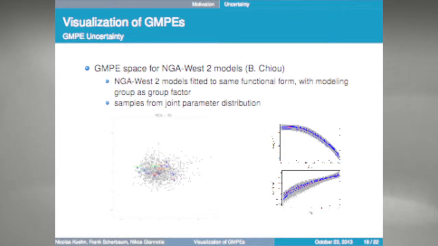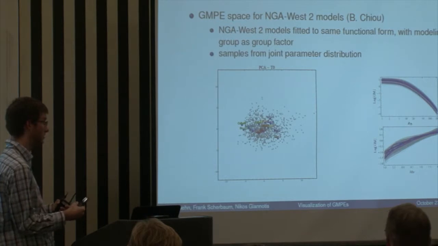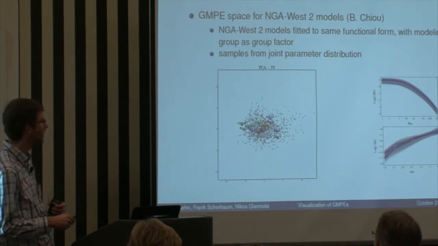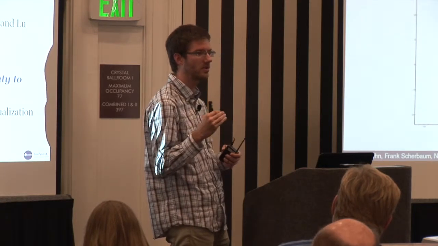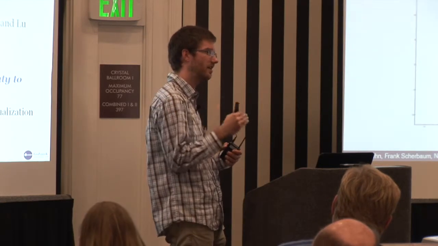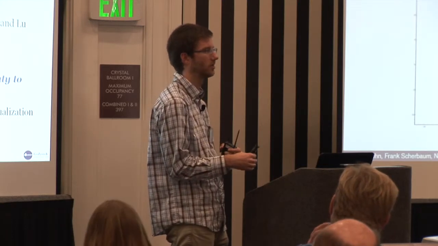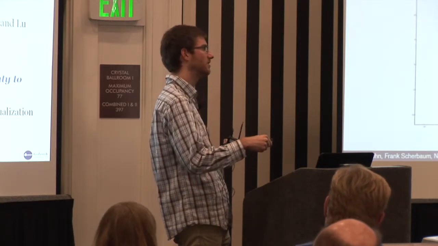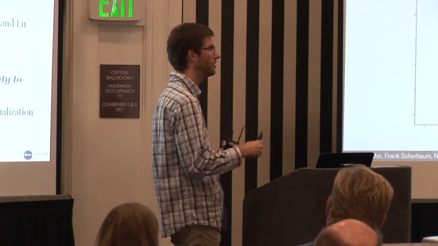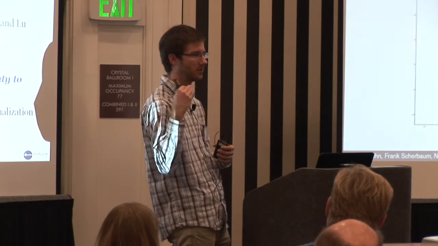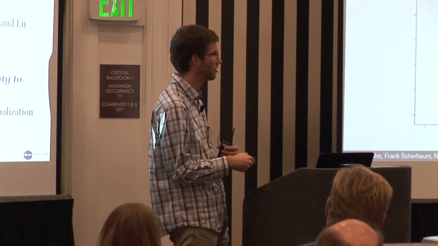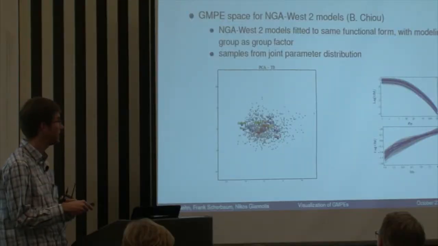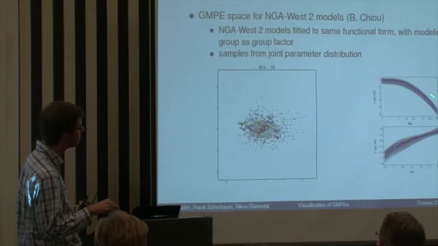They are all fitted to the same functional form, also for vertical strike slip. And then he gave me the mean parameter estimates and the covariance of the parameters. Then I again sampled 1,000 parameter combinations from this multivariate normal distribution of all the parameters and made predictions.